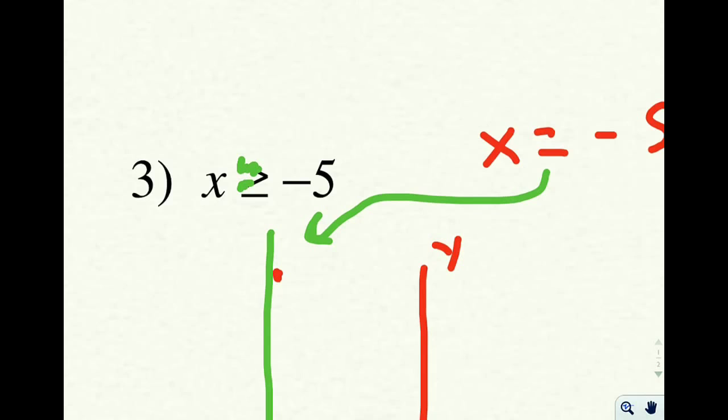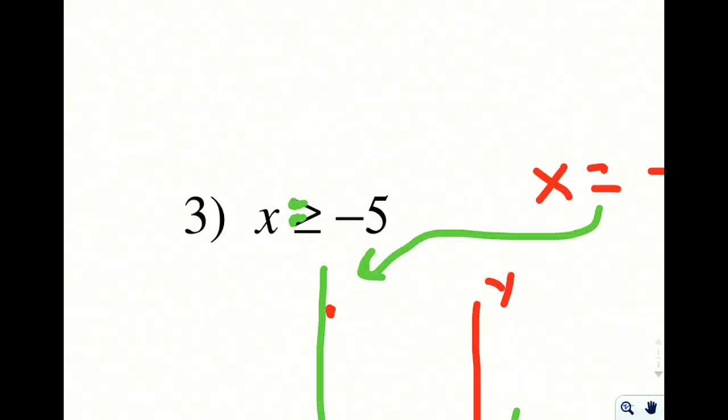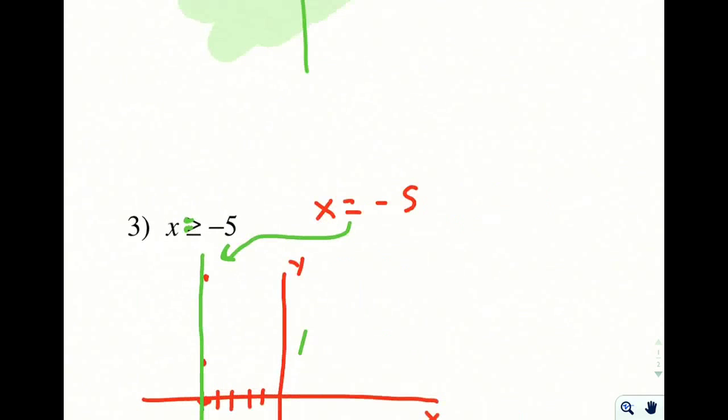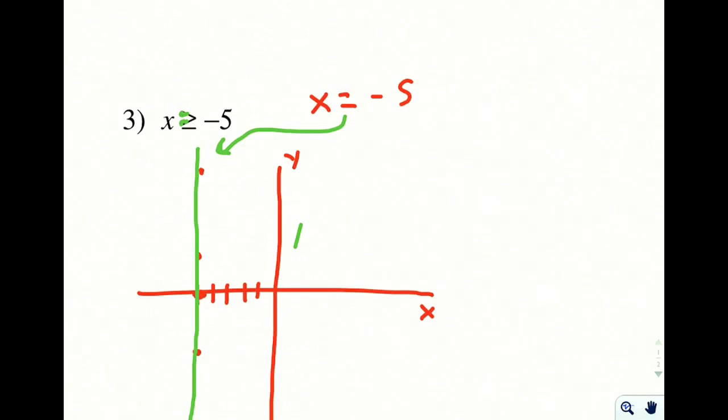The gator is going to eat the x, so x is bigger. A gator wants to eat whatever is bigger. So x is bigger than -5, so -5 is the smaller thing. So x is greater than, to the right of that -5. So you would shade to the right because x is going to be bigger than the number -5.